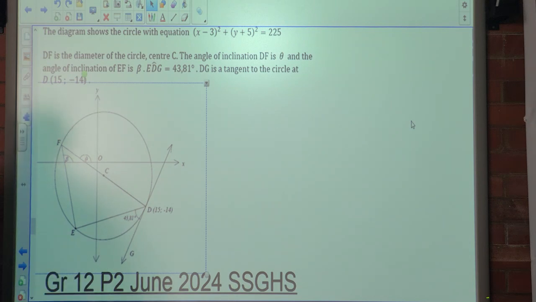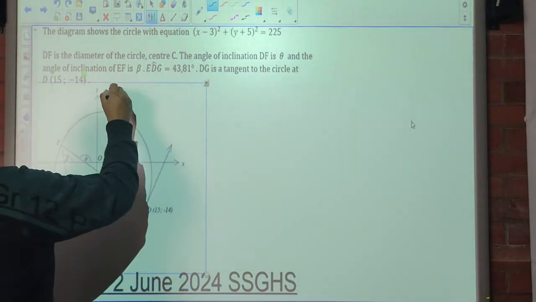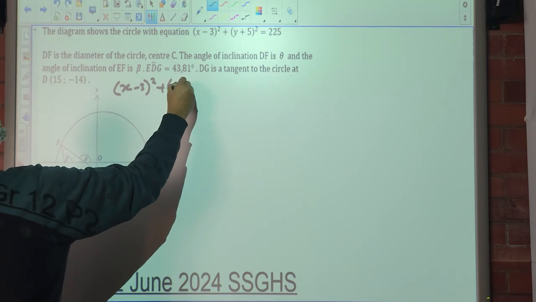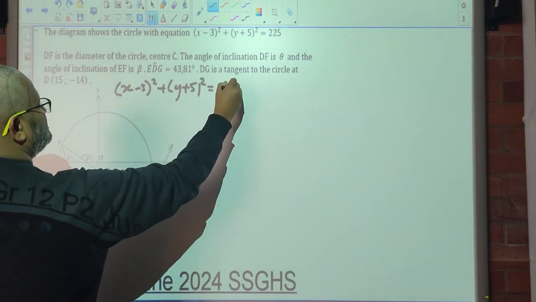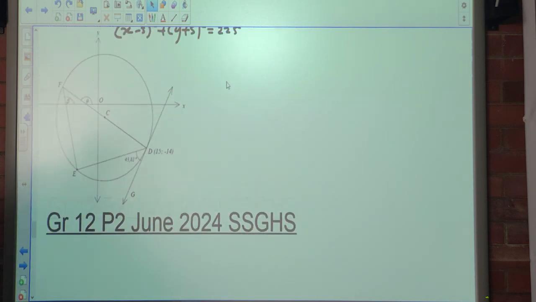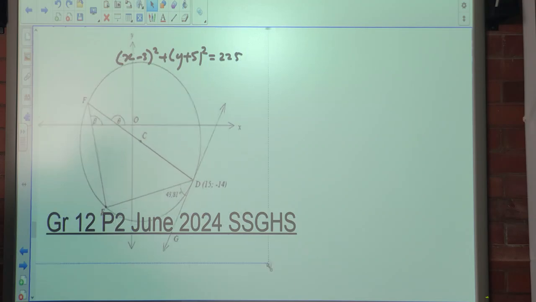Then we are told that D is (15; minus 14). So all the information is with us now.